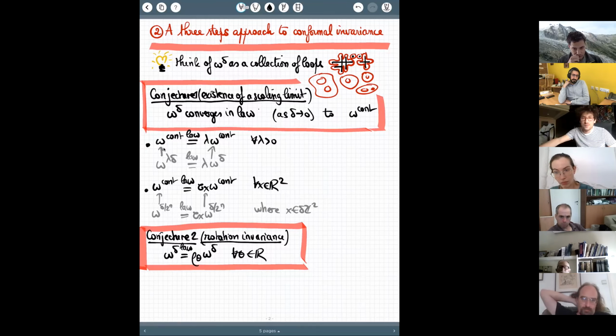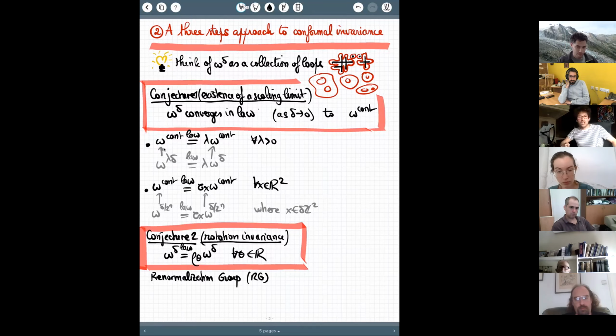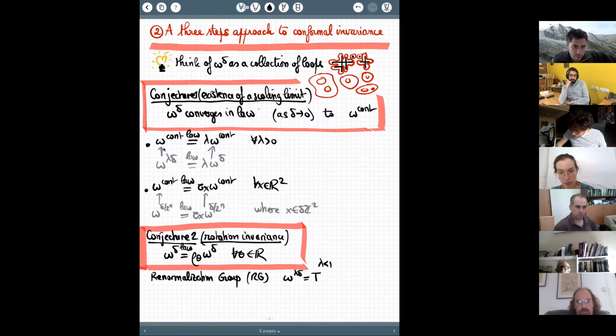even though it is based, from my point of view, on an assumption which is much stronger than the conjecture itself. So the idea of physicists would be to invoke what they call the renormalization group. You probably already saw this, they call it RG. And the idea of the renormalization group is to think that the rescaling by a factor, this time lambda, which is maybe smaller than 1, is the same as applying a map on the space of models.